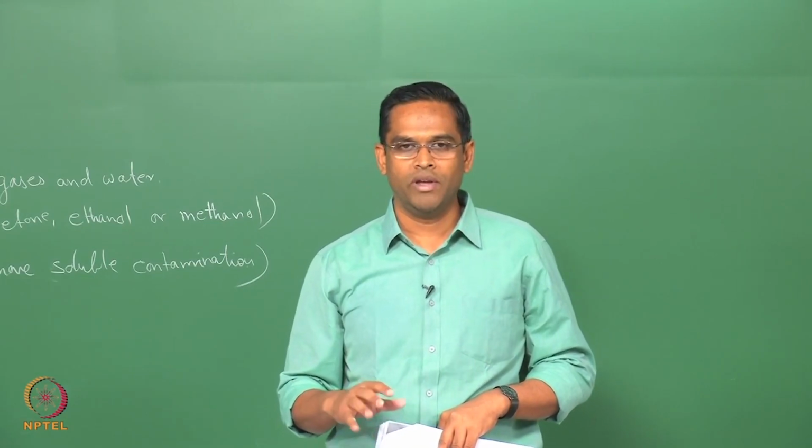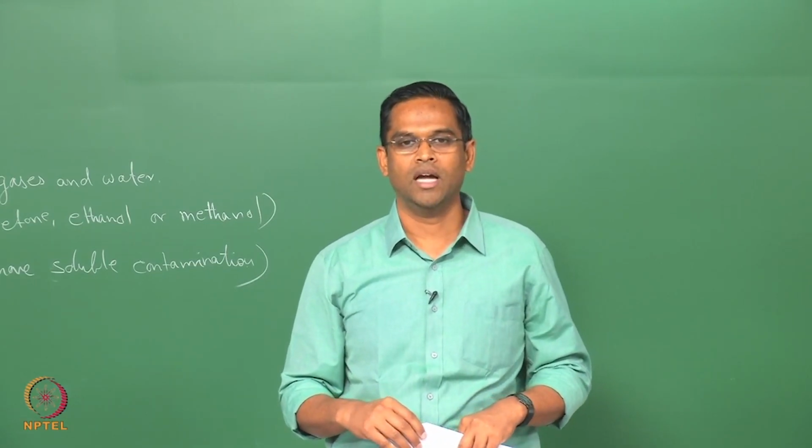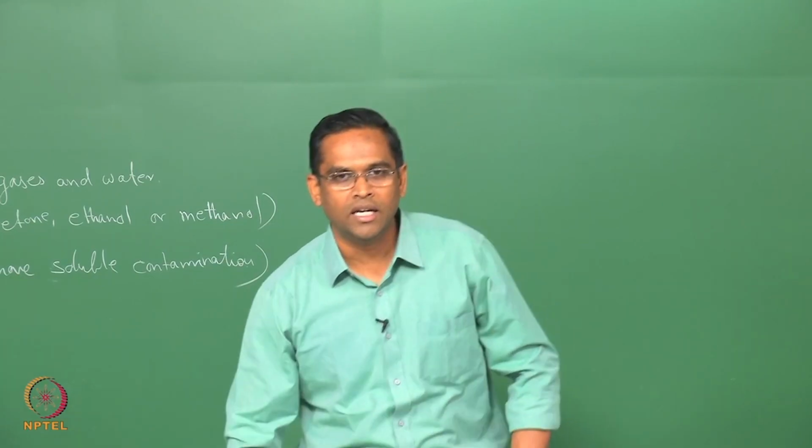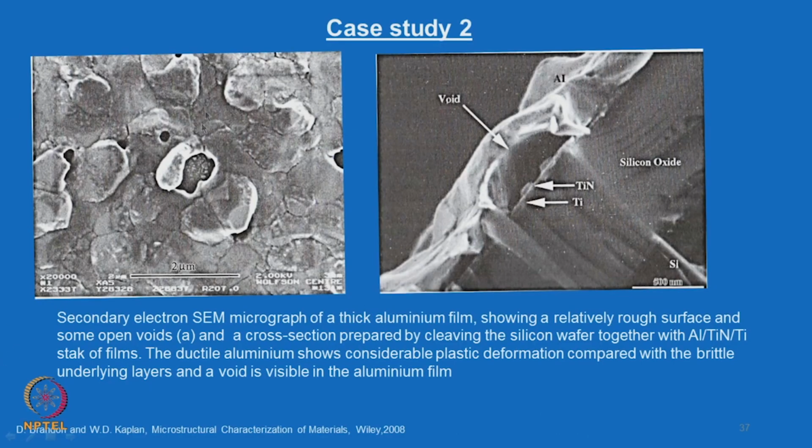The earlier one we have seen is a lower magnification, where you could see the grain boundaries and so on, and here you see a higher magnification image, and a much more details are visible. You can see the porosity very nicely, the very thick pores, and it is a relatively rough surface with some open voids like this.